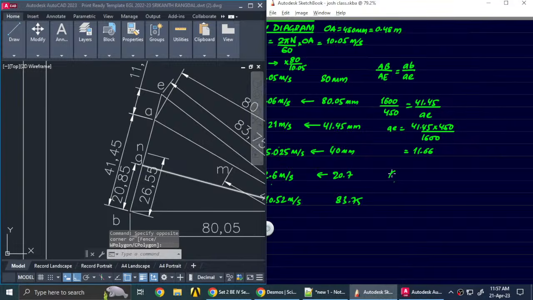Capital BG is the length we want to find, and capital BA, we know, should be in the same ratio as small bg by small ba.